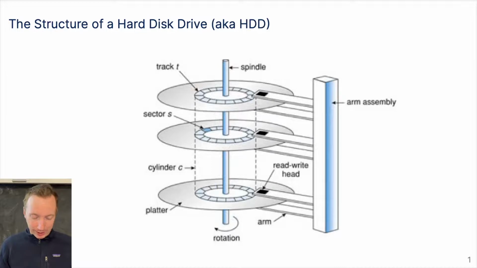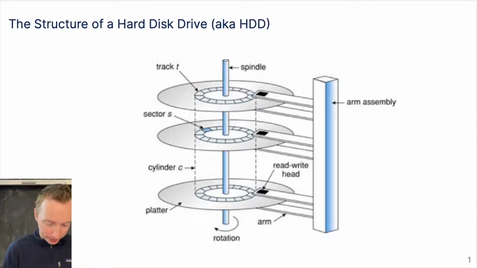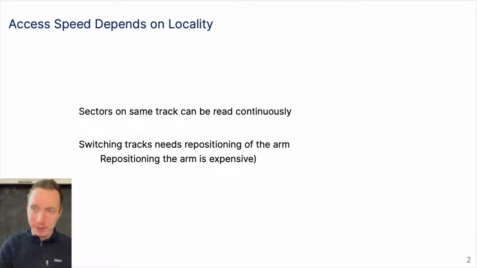And how it works too is that arm assembly can move back and forth, and then the disk can also rotate, so it rotates to spin all the disks, and that's what that loud sound is. So here, your access speed, because things physically have to move, really depends on how close two things are together.